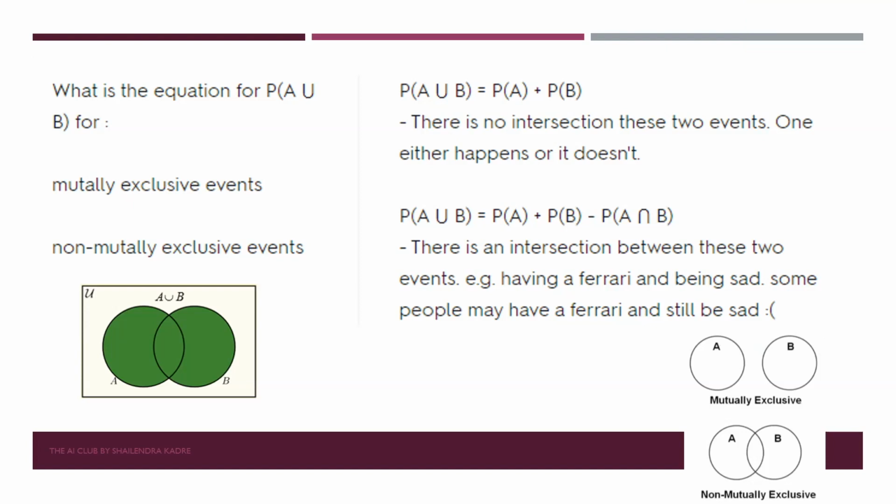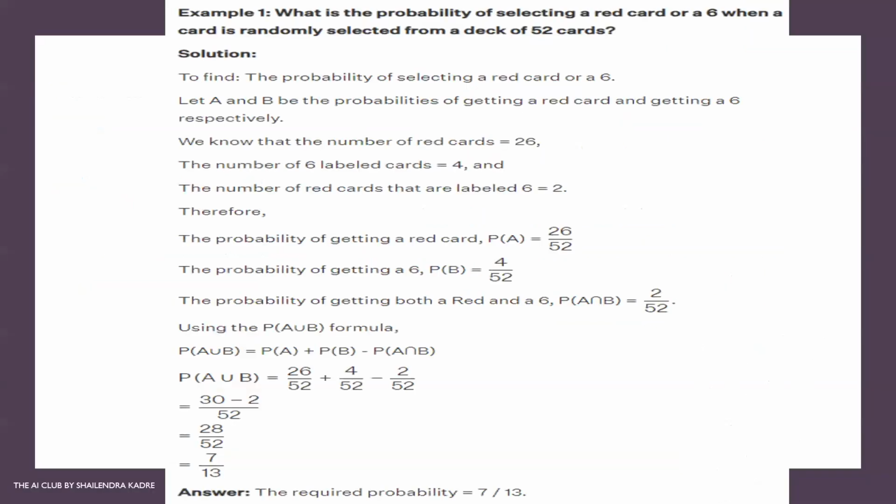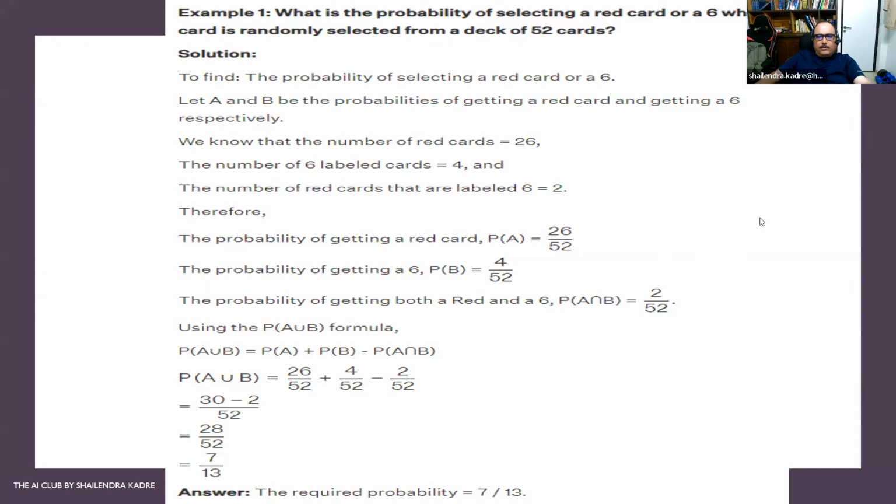Understood? Yes, sir. Okay, now we'll do one numerical example. Example 1: What is the probability of selecting a red card or a 6 when a card is randomly selected from a deck of 52 cards?